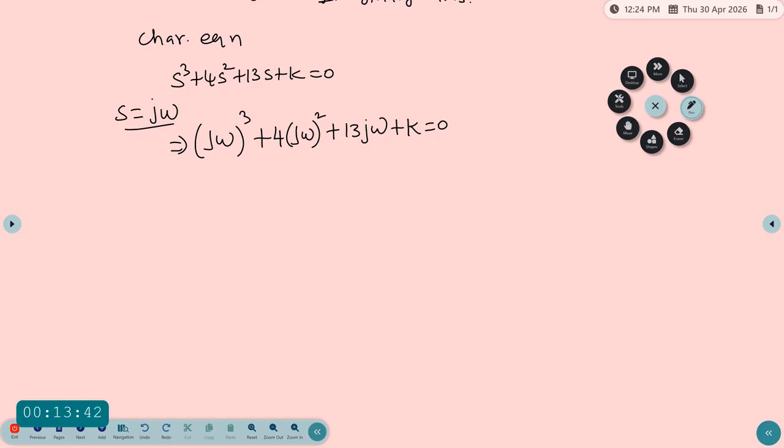Now, if we simplify (j omega) whole cube, j cube means j square into j, j square is minus 1, so we can write minus j omega cube. J square is minus 1, so minus 4 omega square plus 13 j omega plus k equal to 0. Now we can separate the imaginary term and the real term.